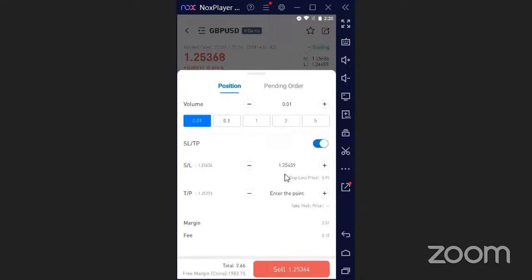All I need to do here is just go back to where I wrote my stop loss the other time, copy it and paste it here. Do the same for take profit. Let me go back and copy my take profit.